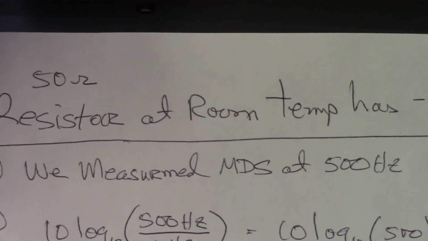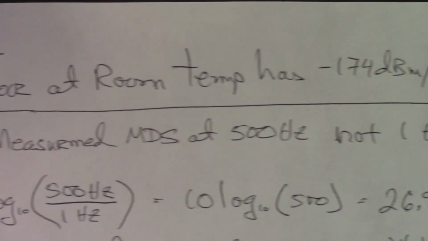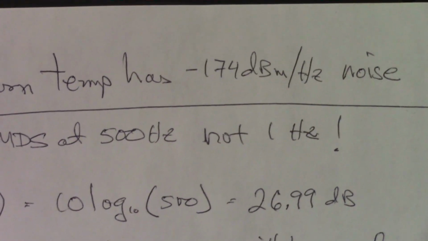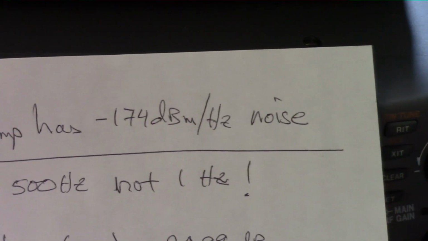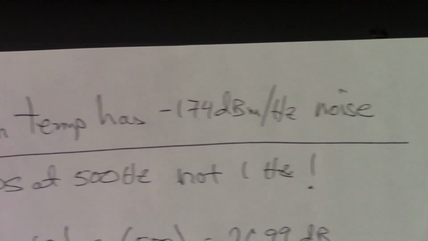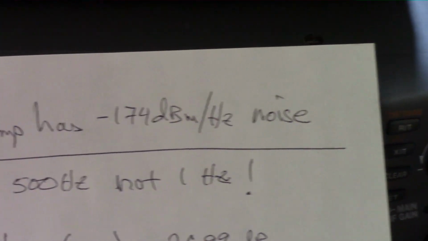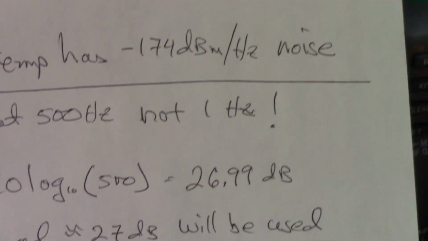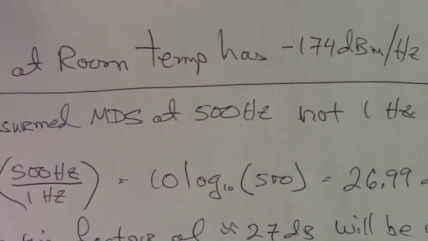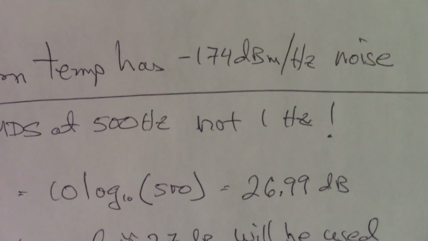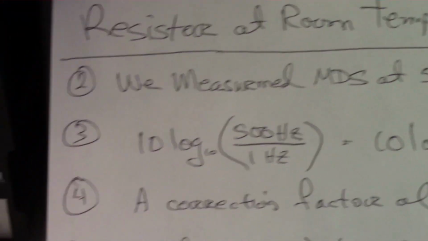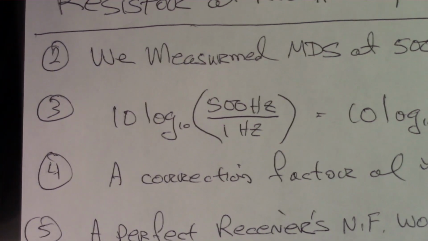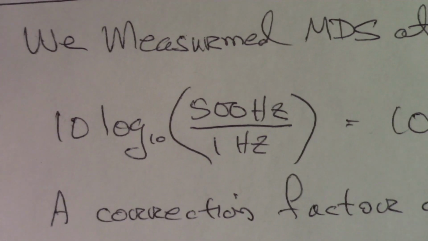Number two, we measured an MDS at 500 Hertz, not 1 Hertz. Notice that formula above, -174 dBm per Hertz, that's the amount of noise for 1 Hertz of bandwidth. We didn't do our measurement in 1 Hertz, we used 500 Hertz. Because of that, we need to calculate a correction factor. So that's step number 3. Correction factor is pretty simple to calculate.